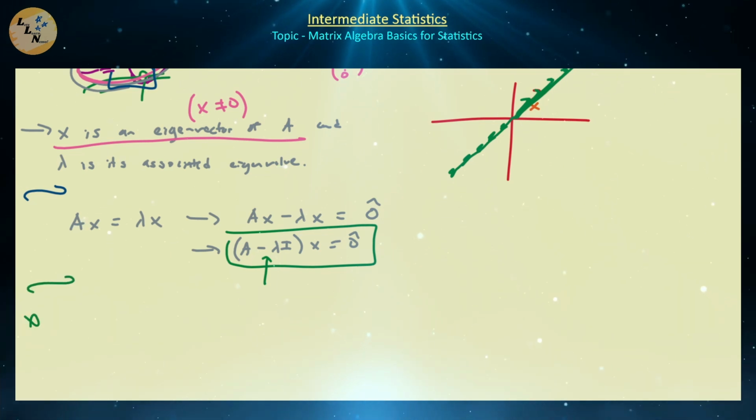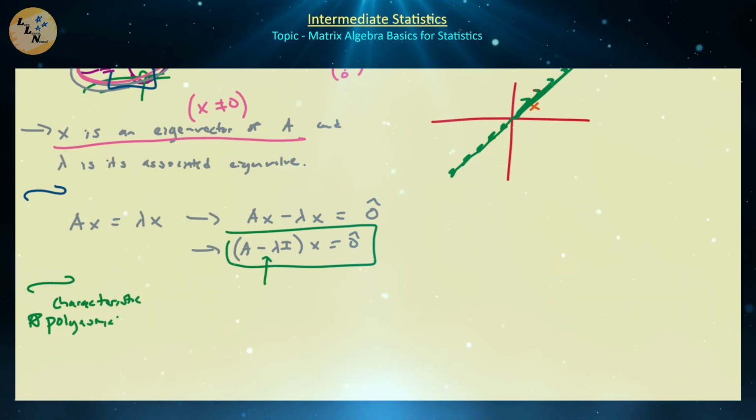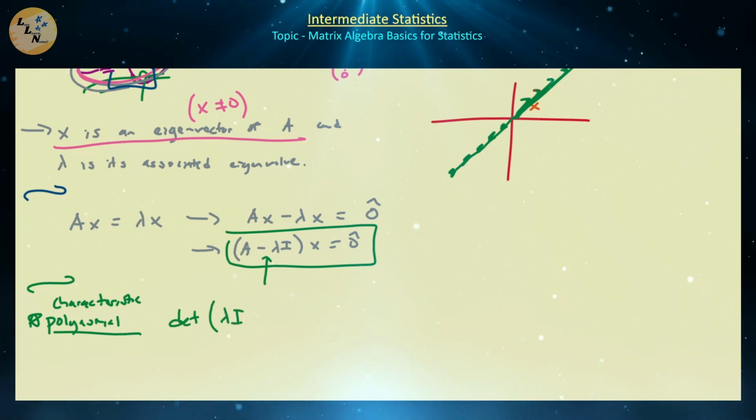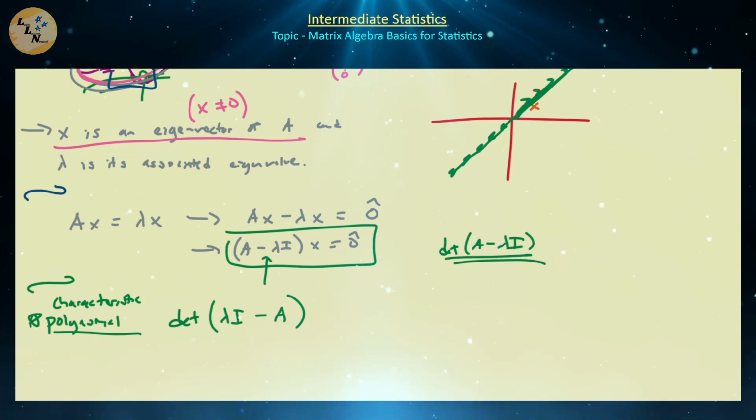So there is a very special concept known as the characteristic polynomial, which is going to be the determinant of lambda I minus A. This is one definition of it. Some people will also do the determinant of A minus lambda I as the characteristic polynomial.